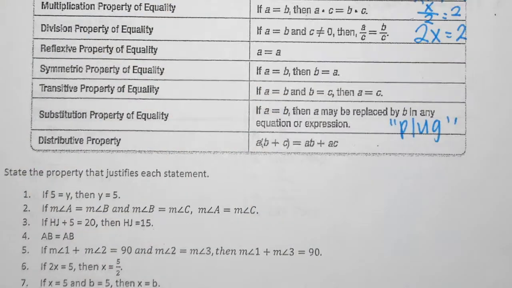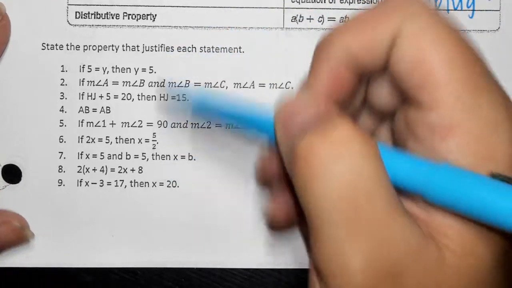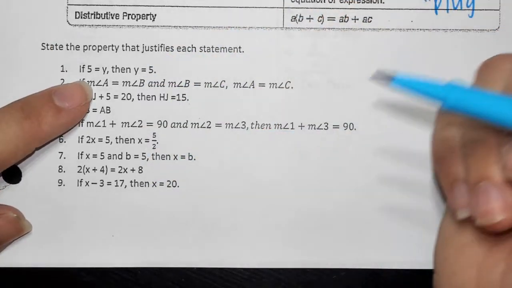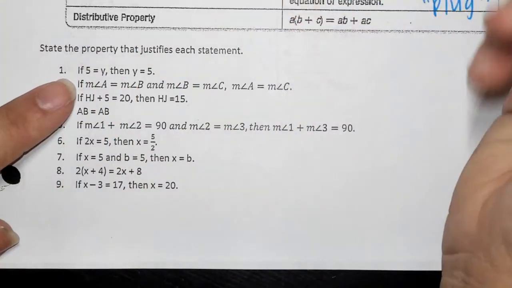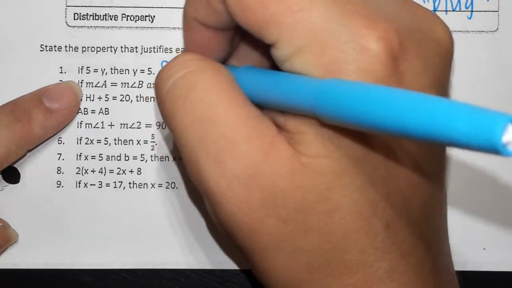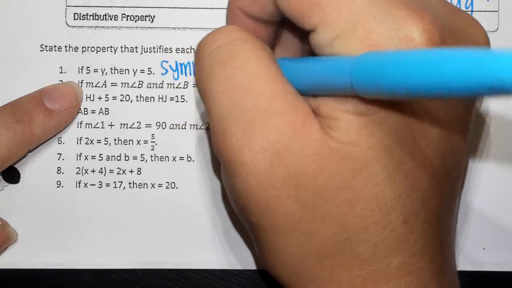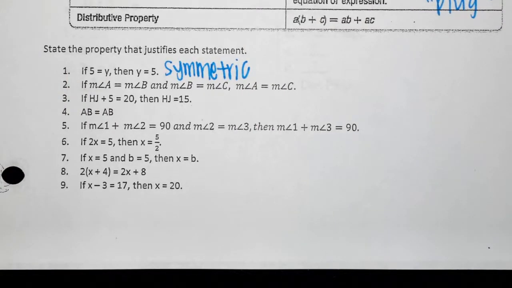So what I want you to do now is there are 9 statements down here. Write which property justifies each one. So for example, number 1, what happened? Not reflexive, symmetric, because it flips. So 1 symmetric. What about 2?